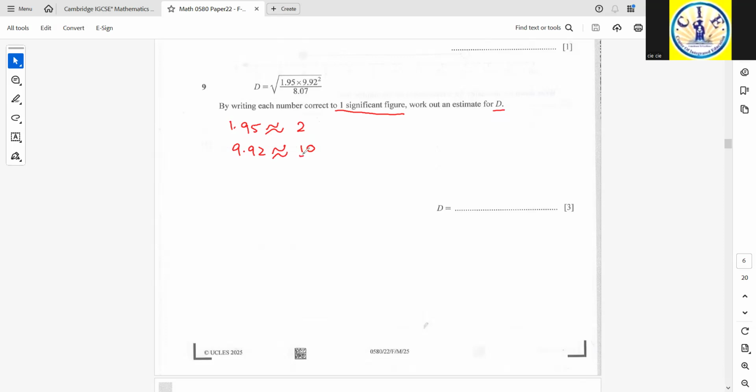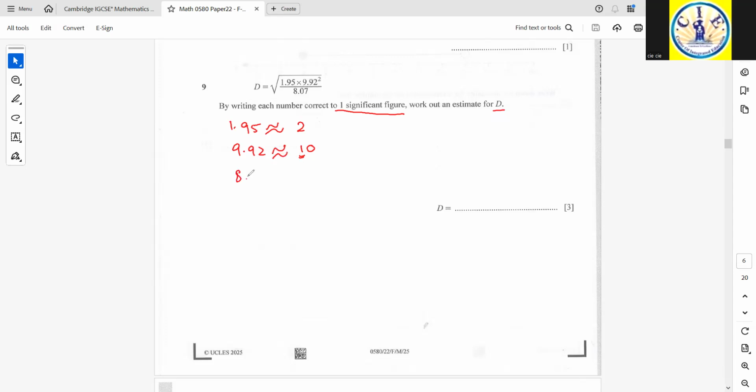That cannot be 1. One significant figure means the significant digit should be 1. The digits are 2, but the significant figures are 1 only, the digit 1 itself.